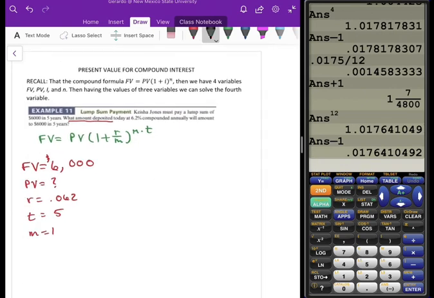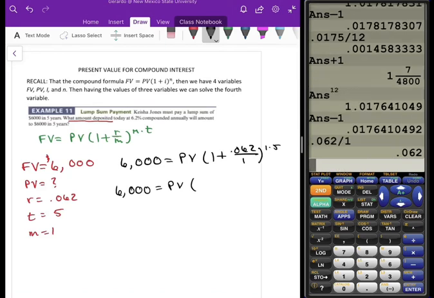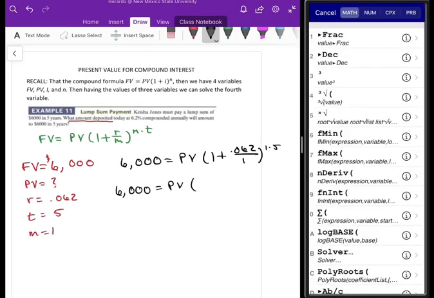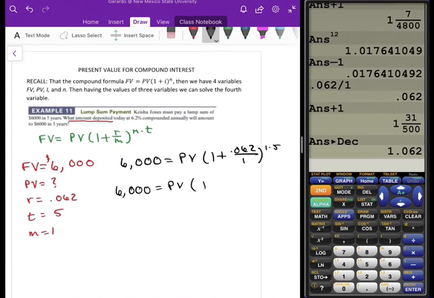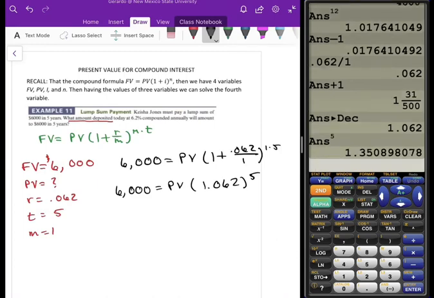So we have $6,000 because that's my future value. I'm looking for present value. 1 plus 0.062 over 1, to the power of 1 times 5. I forgot to write the rate, there it is. So I have 6,000 equals present value times 0.062 divided by 1 plus 1. So that's 1.062 to the power of 5.